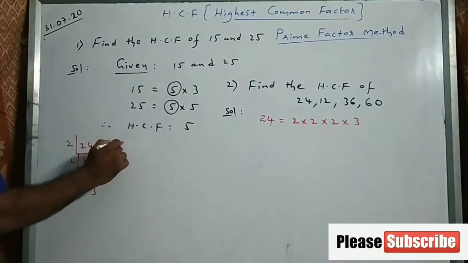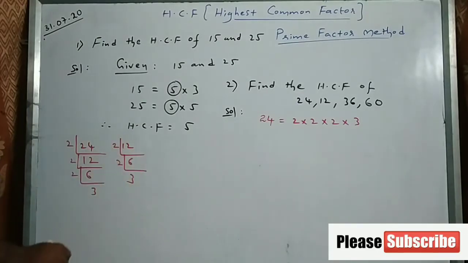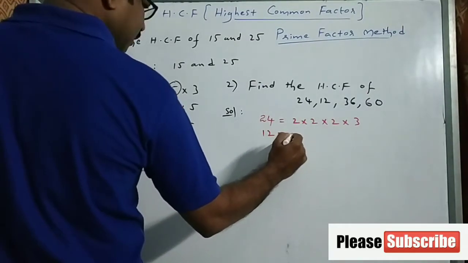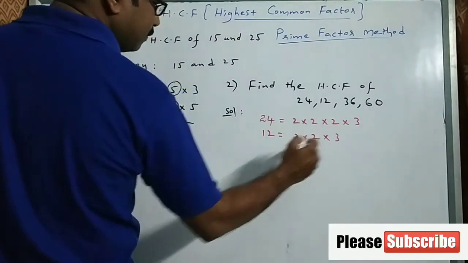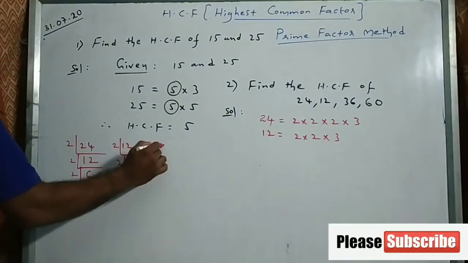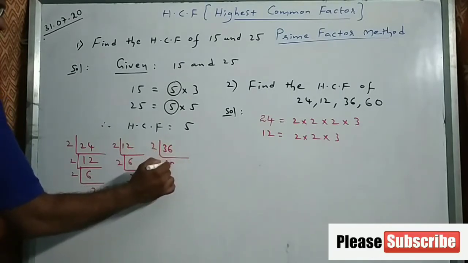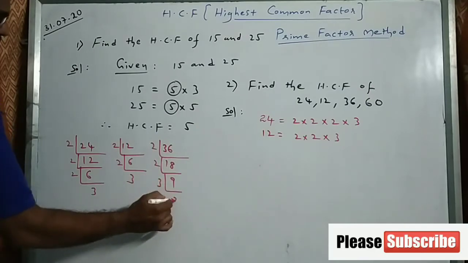Now you take 12. How do we write 12? 2 6s are 12, 2 3s are 6. Only prime numbers you must use. 12 means I can write 2 into 2 into 3. 2 2s are 4, 4 3s are 12. Now take 36. 2 18s are 36, 2 9s are 18, 3 3s are 9.